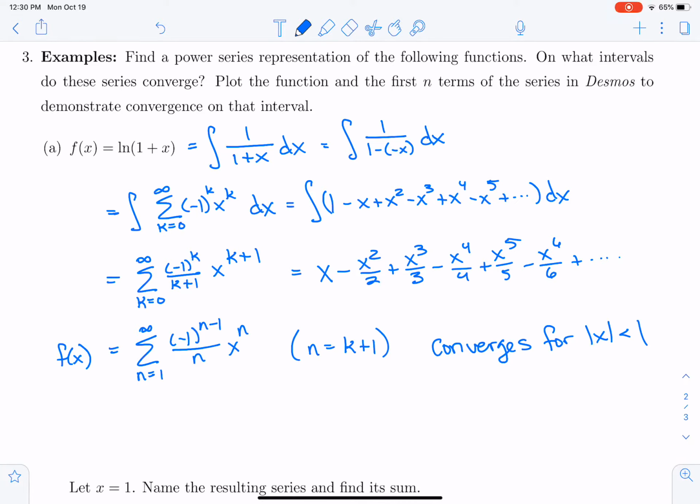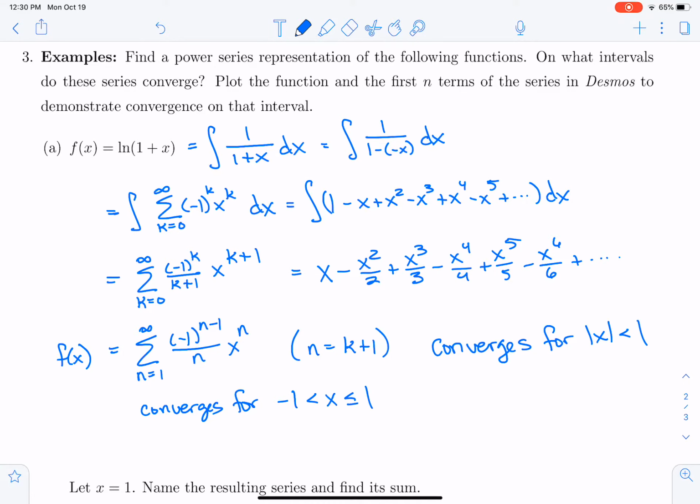Now it turns out that that gives us the radius of convergence, but in fact, we can say that it converges for negative 1 less than x less than or equal to 1.